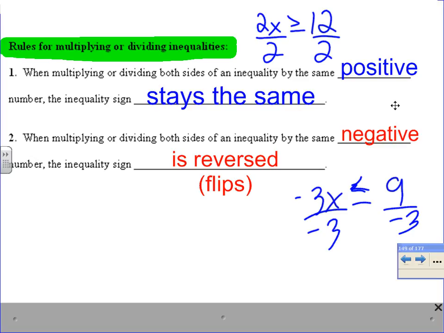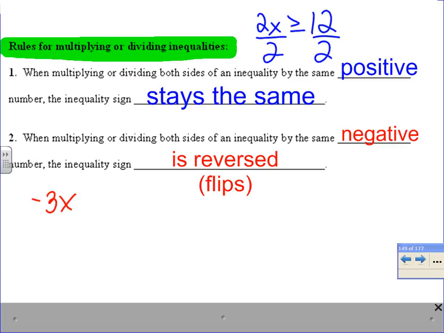Okay, so let me see if I can think of an example. It's not going to be true, but hold on. Okay, let's try the one I had up there. Let's say we divide both sides by -3, and let's say we don't flip the sign. So if we divide both sides by -3, we get x is less than -3.